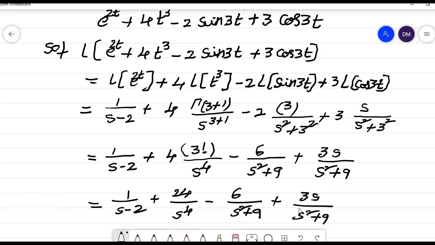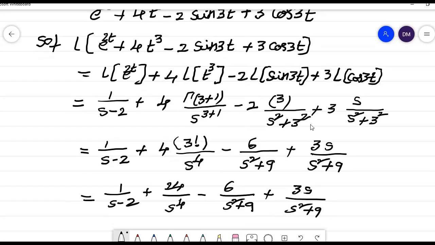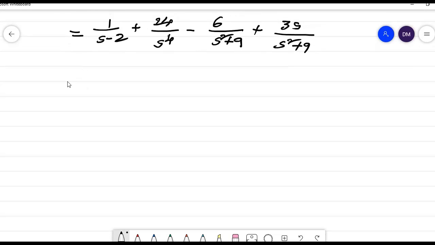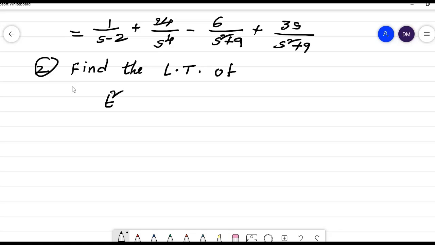Right? Now what is the second problem? Go to the second problem. See, the second problem is find the Laplace transform of t square plus 1 whole square.